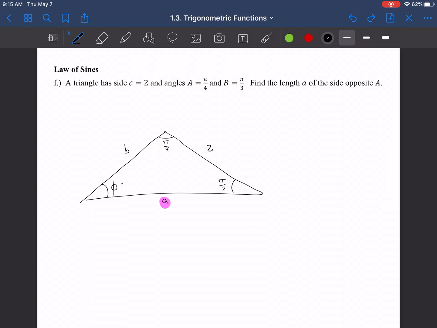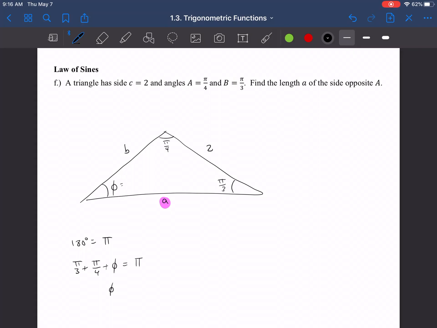We can do this because all the angles of a triangle have to add up to 180 degrees. Well, we don't have degrees, we have radians, and 180 degrees is pi radians. So we need all three angles to add up to pi radians, which means that pi over 3 plus pi over 4 plus phi has to equal pi.